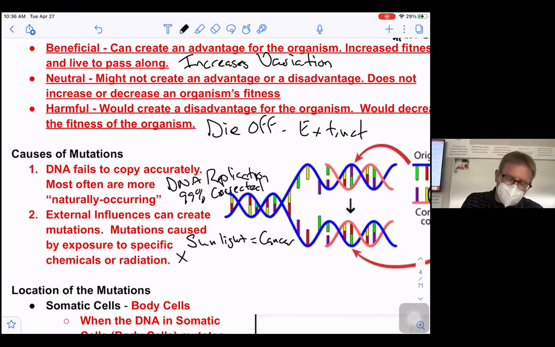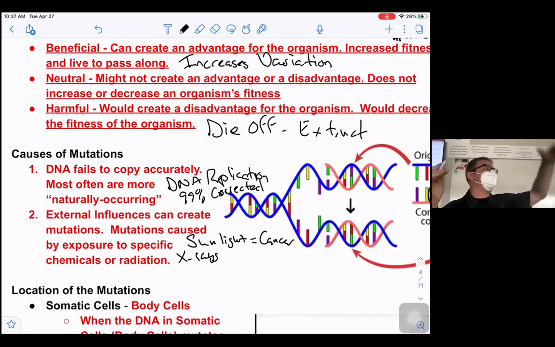We also see that X-ray radiation is probably one of the more common and more frequent ones that we see when you go to the doctor or the dentist and they take an X-ray. The X-ray tech is the one who's leaving the room to go stand behind a lead wall because they don't want to be exposed to those X-ray radiations. When you go to the doctor or the dentist and you're getting an X-ray, they generally would put a lead apron on you.